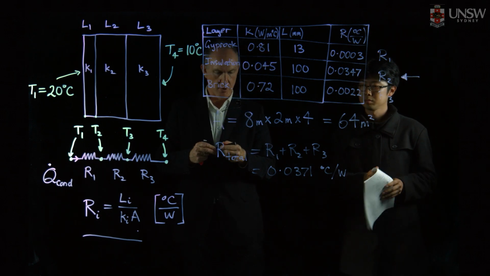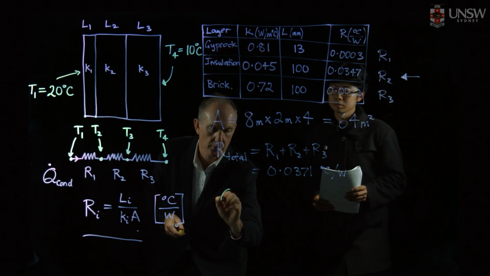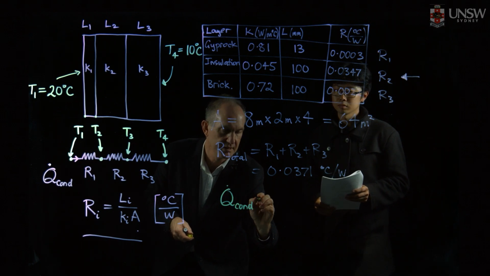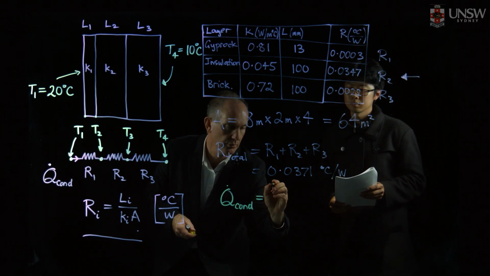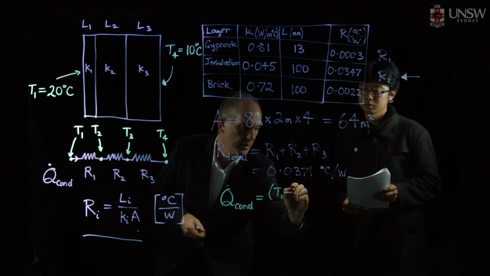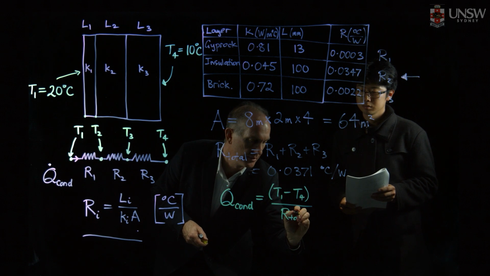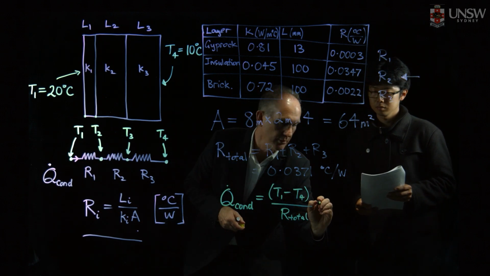And now we just write down, and we can say from part A we had Q dot conduction is going to be equal to T1 minus T4 on top of R total. We can just write all of that in.